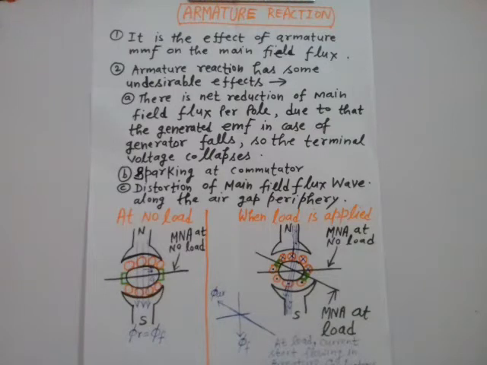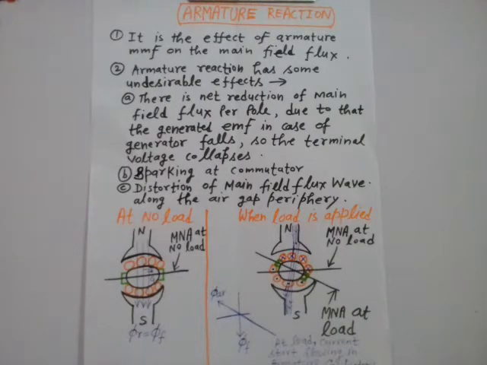So basically the commutation process involves the change from a generated alternating current in the armature conductor to a direct current. These induced currents flow in one direction when armature conductors are under the north pole, and in the opposite direction when they are under the south pole.